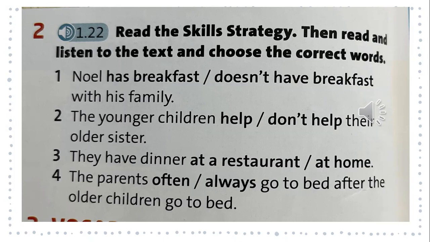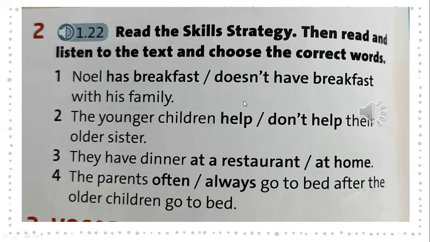Her older daughter sometimes helps with the housework. The younger children don't help. They watch TV with their brothers and sisters. Sue doesn't watch TV a lot. The Radfords don't usually go to restaurants because it's expensive. The young children normally go to bed at 7 p.m., the older ones at 8 p.m. or 9 p.m., and their parents go to bed just before 10 p.m.